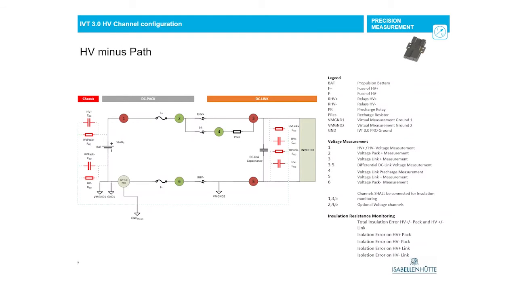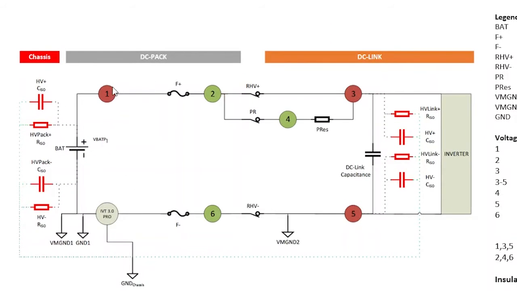Important to note here is that 3 of the 6 high voltage channels, those are the circles here in red and green, are mandatory with regards to the placement for the isolation monitoring to work correctly. Those are the sensing points 1, 3 and 5, the red ones.